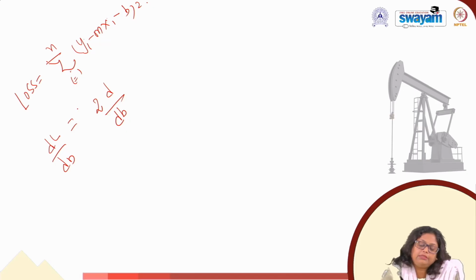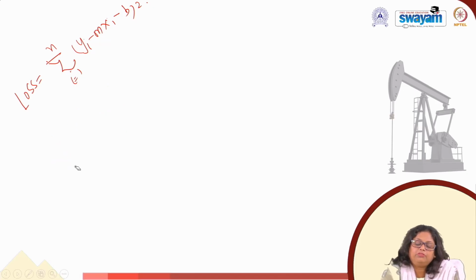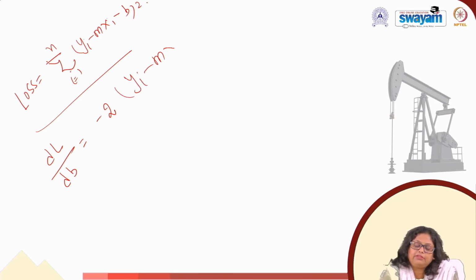When you apply this to the loss function, what we are going to apply is dL by db. So what you will have is minus 2, and then (yi minus m xi minus b). So that we are going to have.